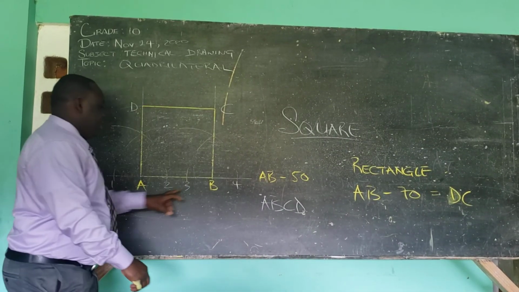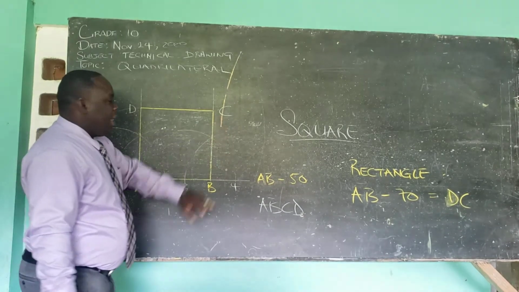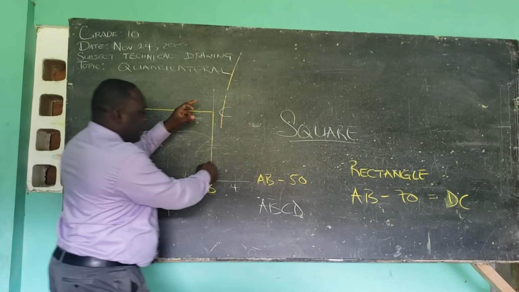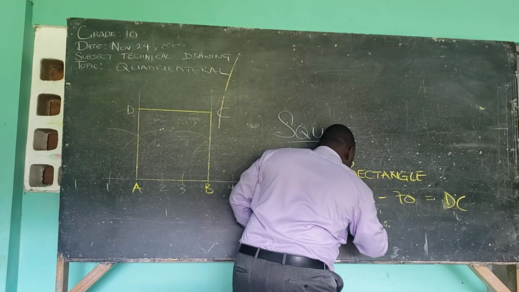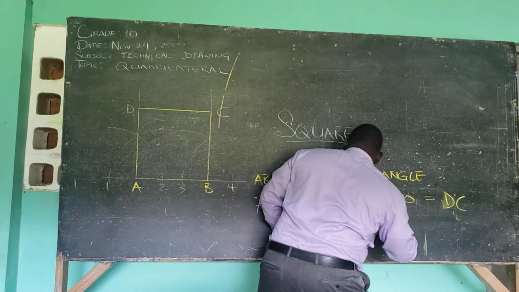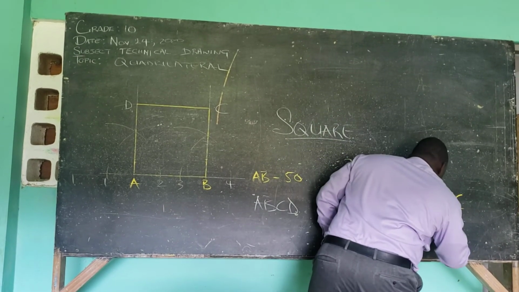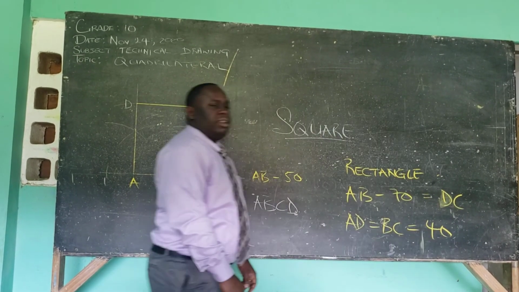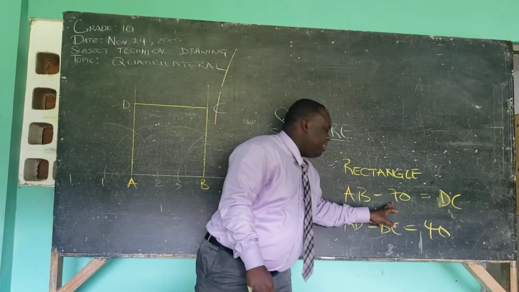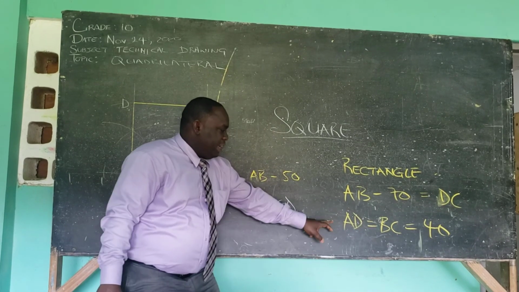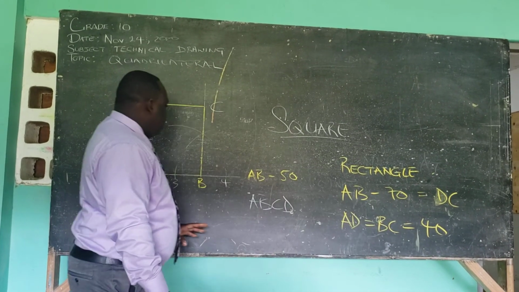So AB that you have right here will be equal to your what? BC. And then now your AB and your BC will be equal. So your AB is equal to your BC, which is equal to 40 millimeters. Are we clear? So your AB is equal to 70, and then your AD, which is equal to BC, is equal to 40.